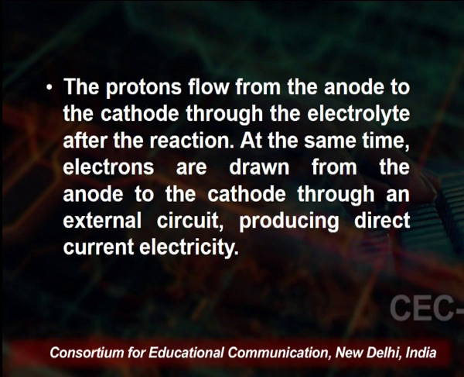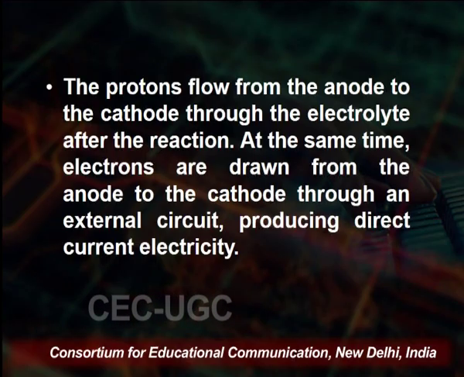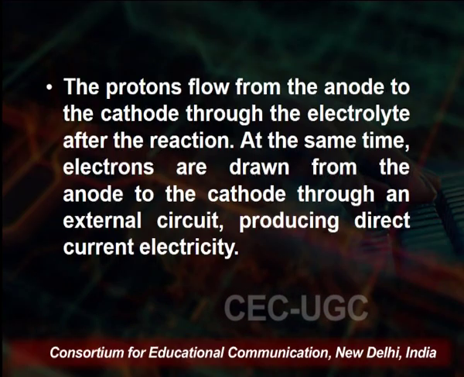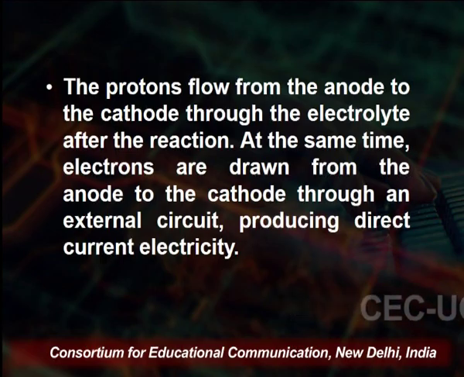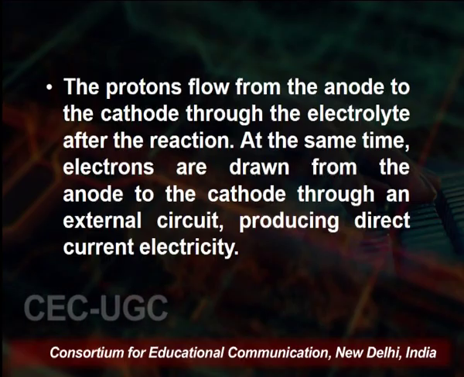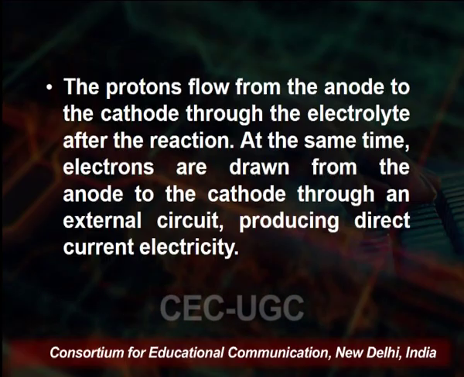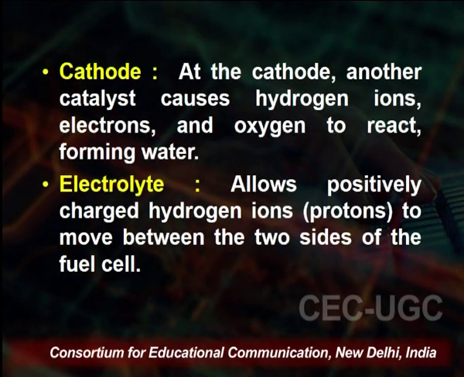The protons flow from the anode to the cathode through the electrolyte after the reaction. At the same time, electrons are drawn from the anode to the cathode through an external circuit, producing direct current electricity.